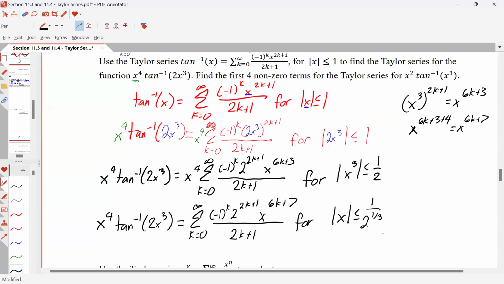The last thing this problem asks us to do is to find the first 4 non-zero terms. We have the Taylor series. Finding the first 4 non-zero terms is just plugging in values of k.